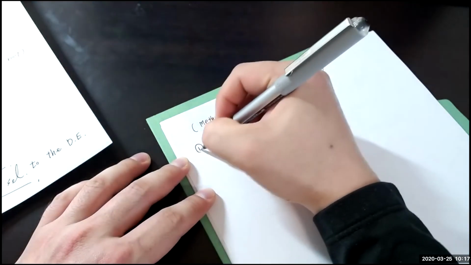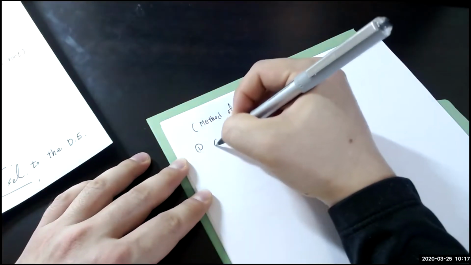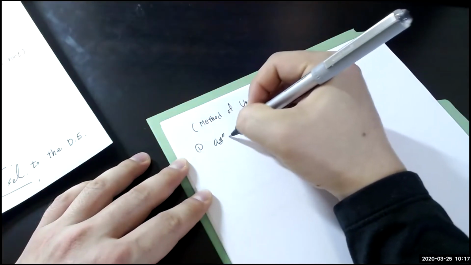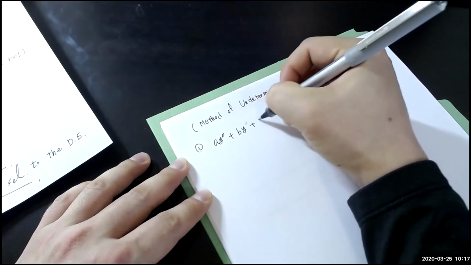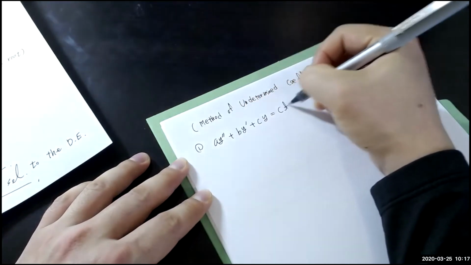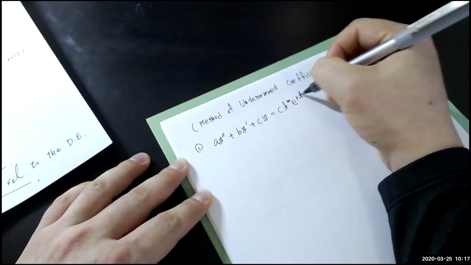So first one, we saw this one already: ay double prime plus by prime plus cy is equal to c times t to the m-th power e to the rt. So we're going to generalize this case.